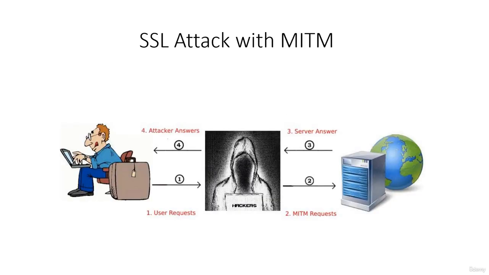SSL is a standard security technology to secure the connection between a browser and a web server. This connection keeps all data traffic private and integral. SSL is an industry standard used by millions of websites to protect web transactions with their customers.